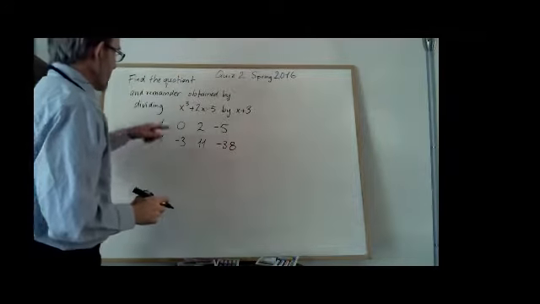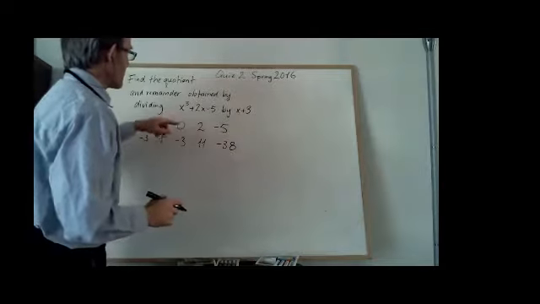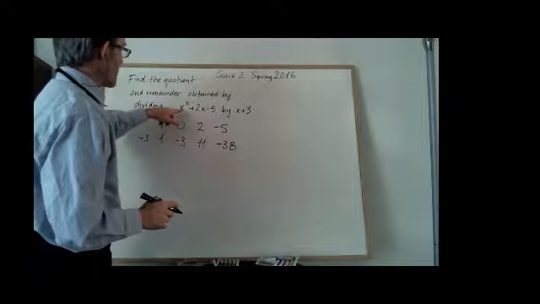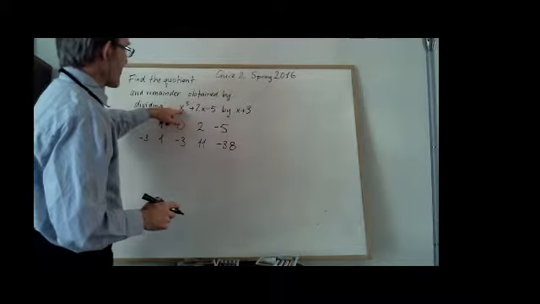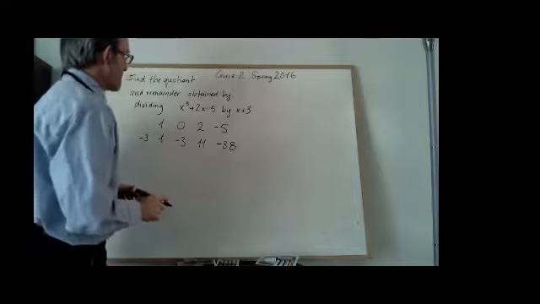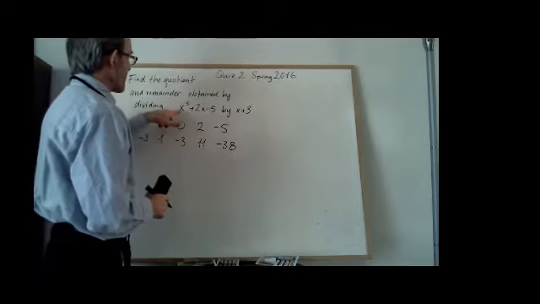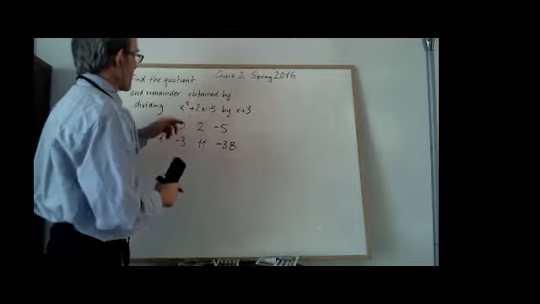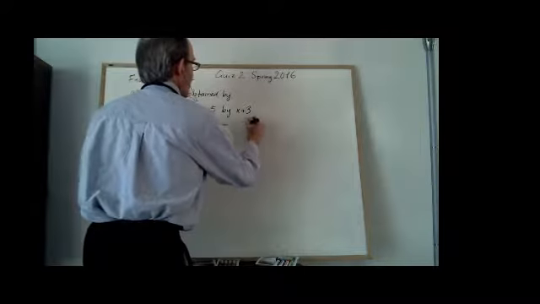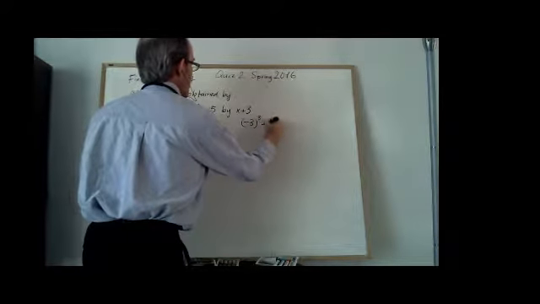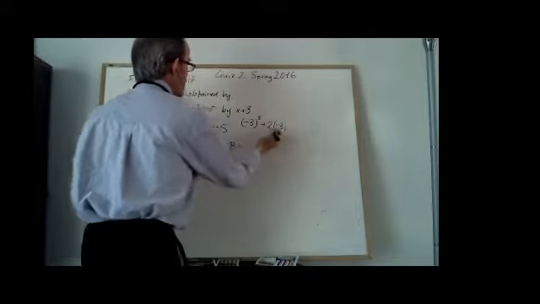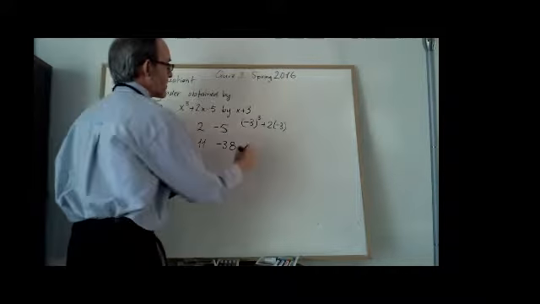All right, so we can also check that by plugging in. You should get the remainder by just evaluating this at x equals minus 3. Checking that, we get minus 27, plus 2 times minus 3, and minus 5.